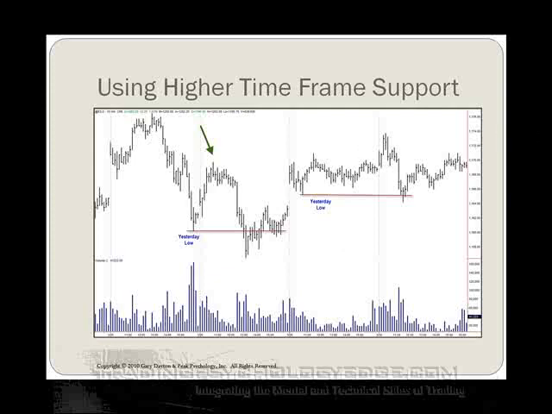Here's another good example. Here's an example of using a higher time frame support, yesterday's low. This is the S&P E-mini market on a 10-minute basis. So we make a low, and then the next day we come down and spring it. We didn't get a terrific rally off of it, although it does rally overnight and it gaps up and continues up the next day.